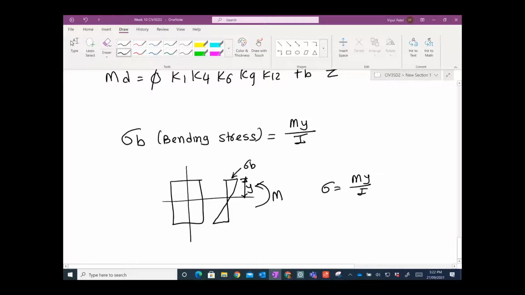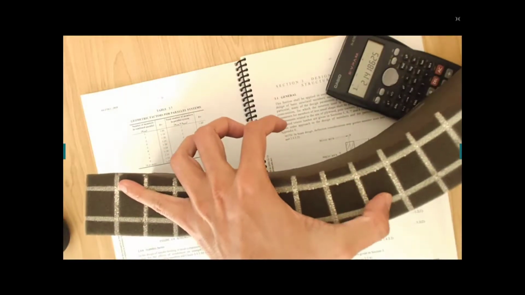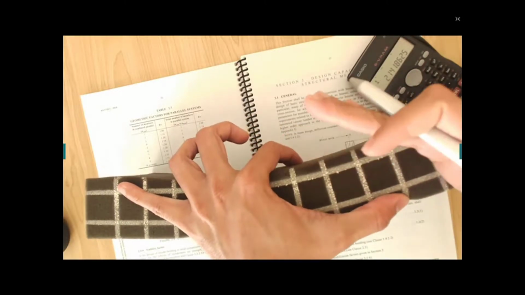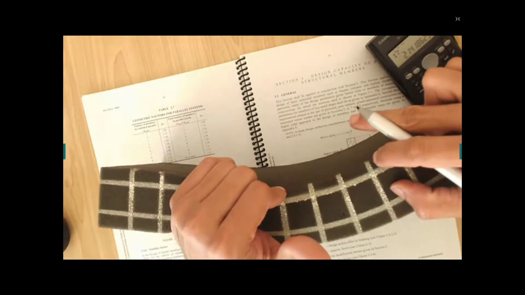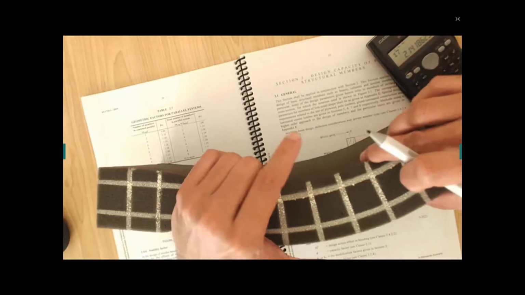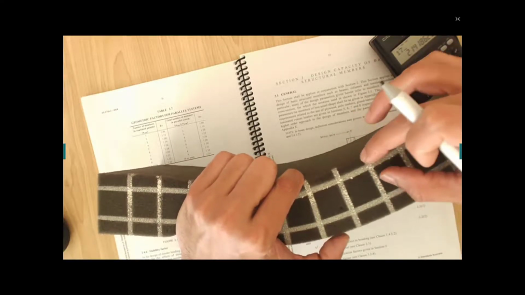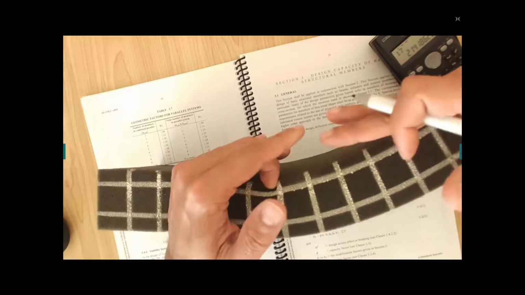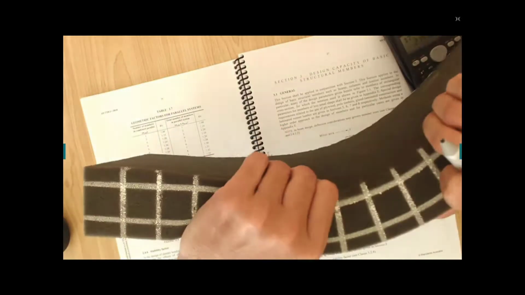For example, if I have this beam and I bend it like this, what would be the bending stress appearing here? You have a specific zone where compression and tension separate, because above this line the material is squashing, below the line the material is extending. In that case you have a bending stress.